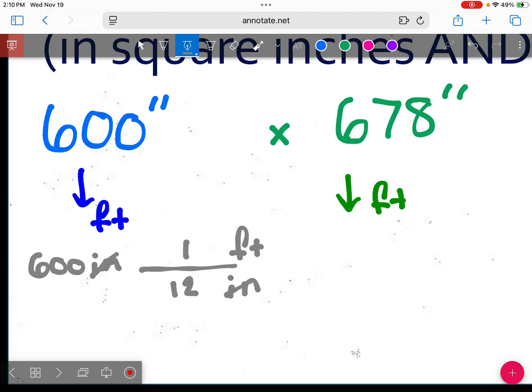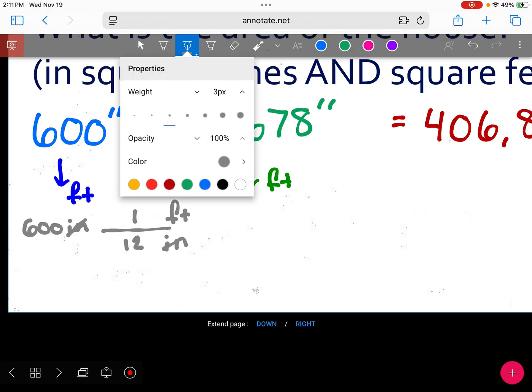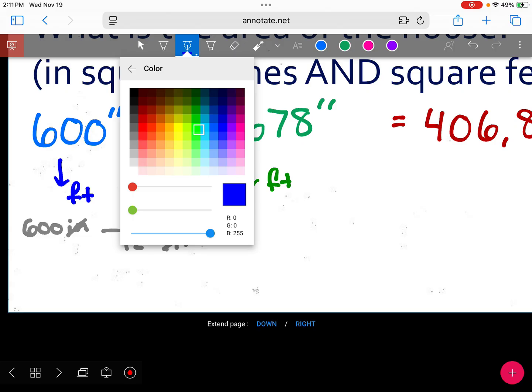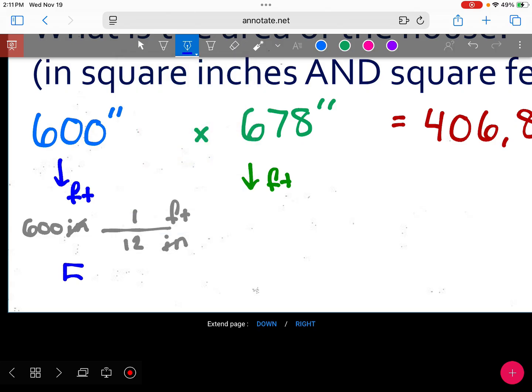We can still use our unit conversion kind of problems here. Because we're taking our 600 inches and we're going to divide it into 12-inch chunks. We're going to divide it into feet. So what is 600 divided by 12? 50. So the width of this house is about 50 feet.